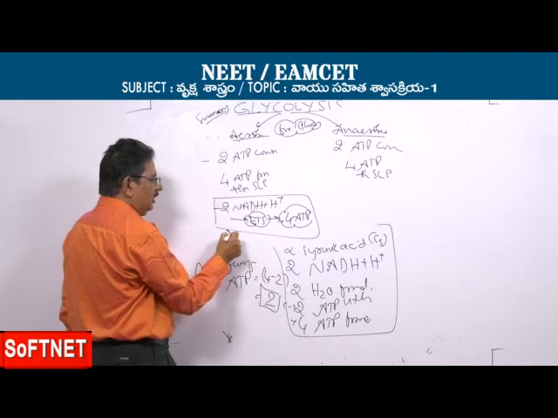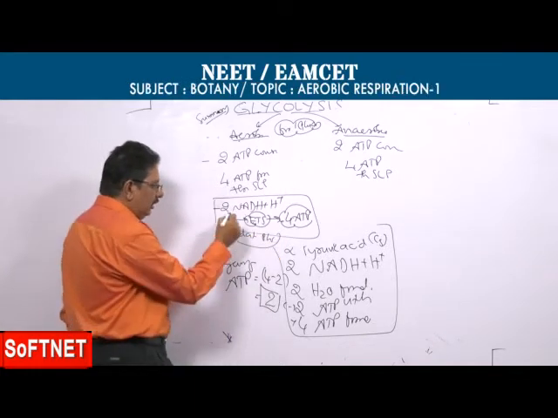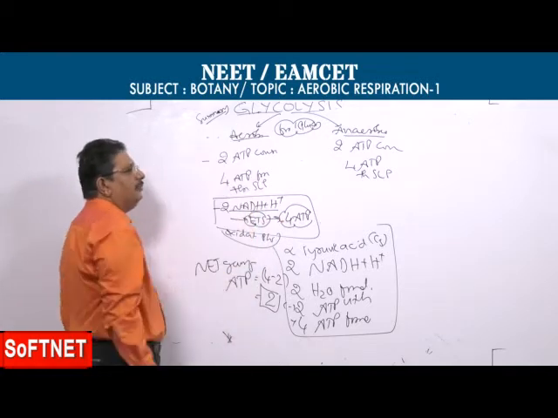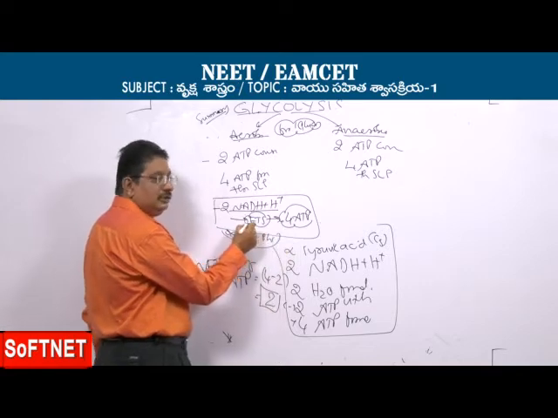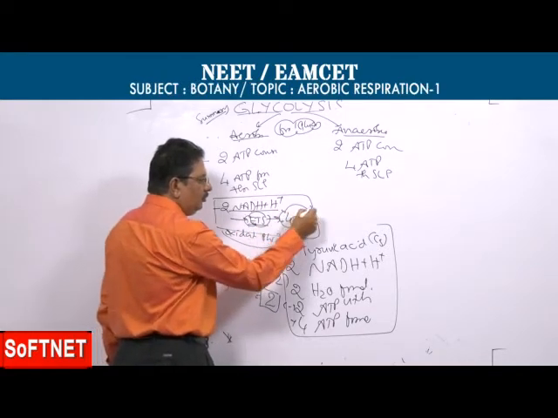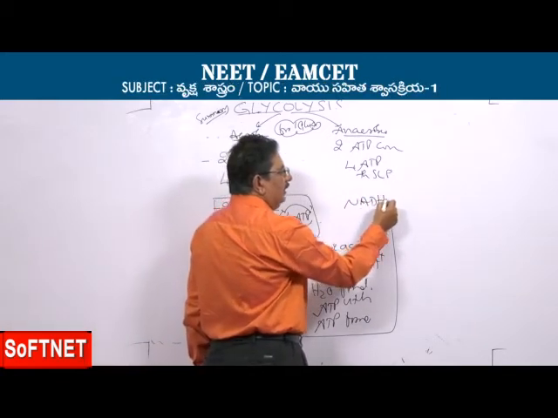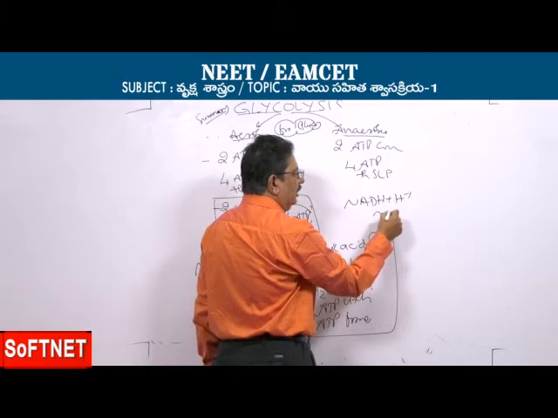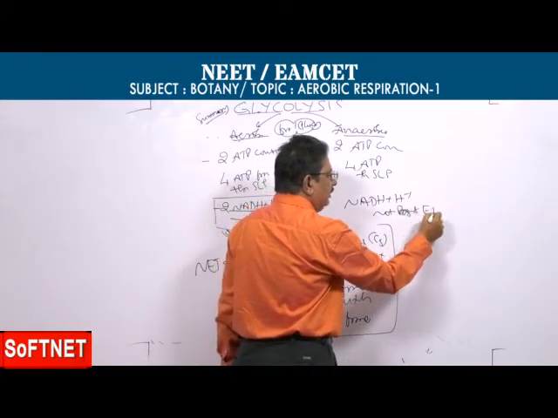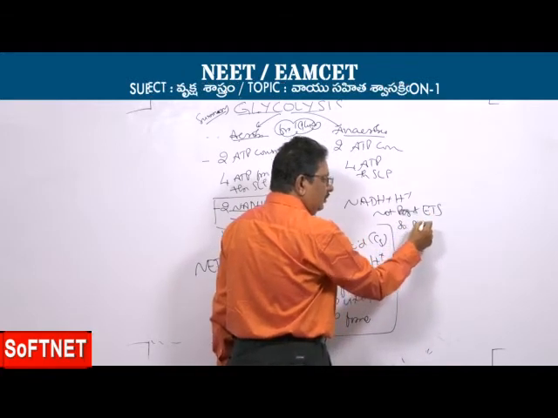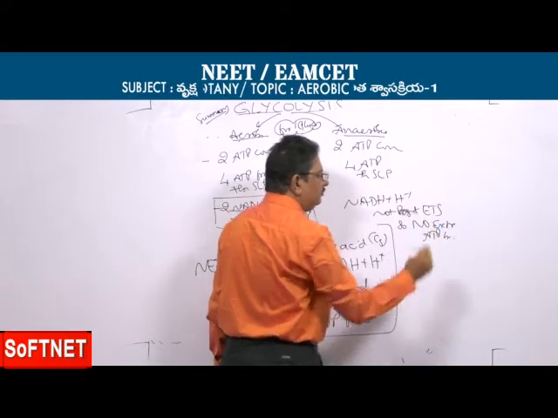So, through oxidative phosphorylation, the NADHs formed in aerobic glycolysis are involved in oxidation steps through ETS and form 4 more ATP. But in anaerobic respiration, NADH plus H plus does not participate in ETS. So, there is no extra ATP formation.